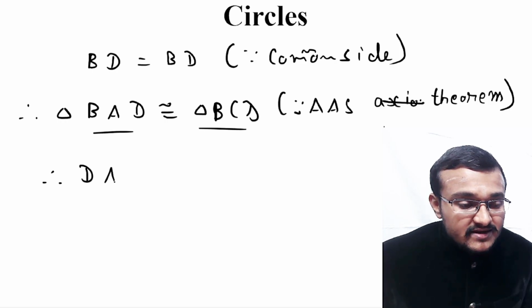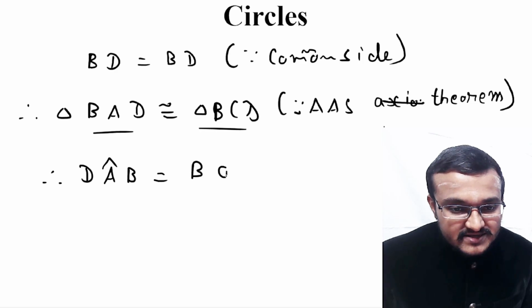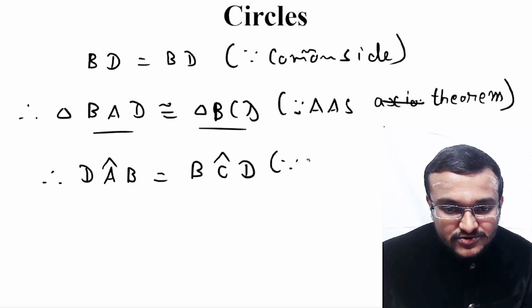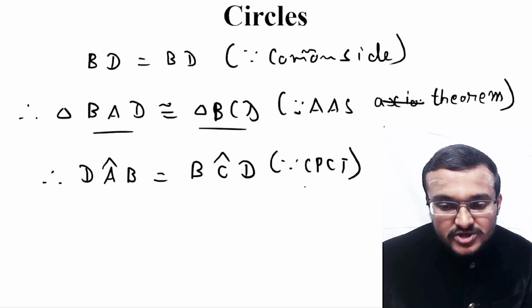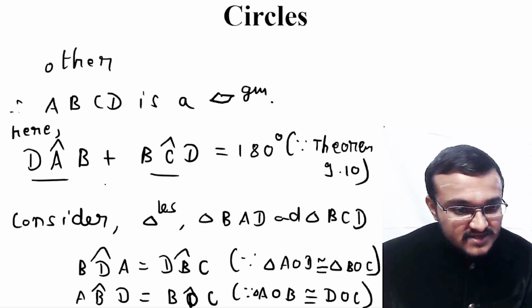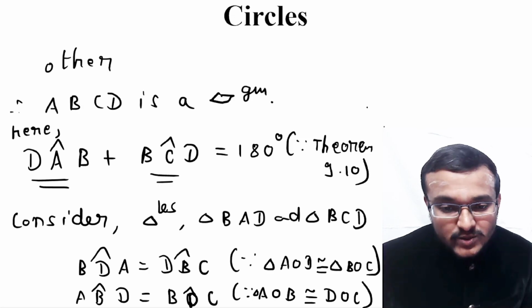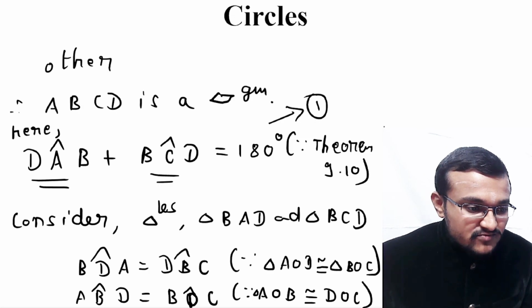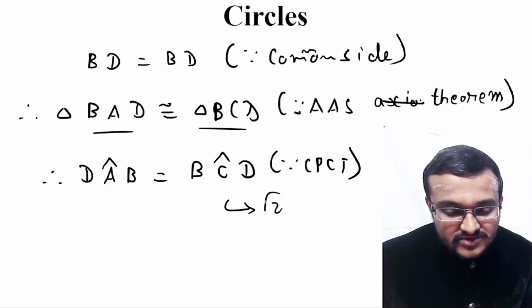Therefore DAB is equal to BCD. This is according to CPCT, that is, corresponding parts of congruent triangles. And we have seen here that DAB plus BCD is equal to 180 degrees according to theorem 9.10. This you call equation 1. This you can call equation 2.